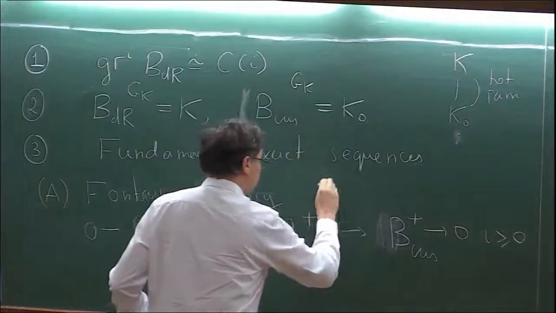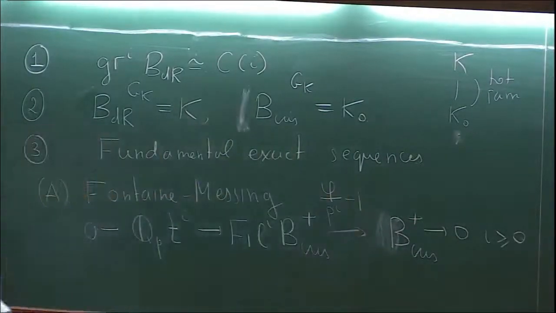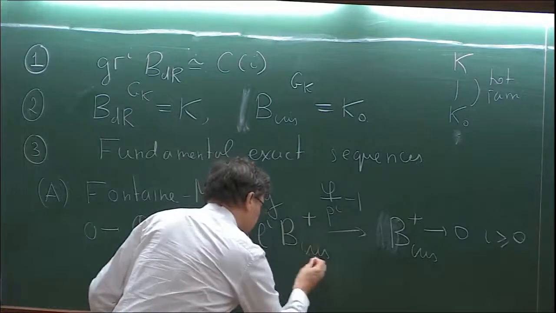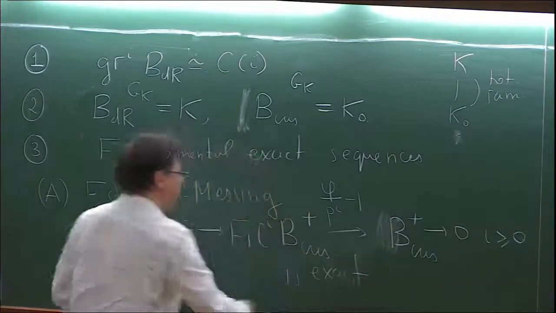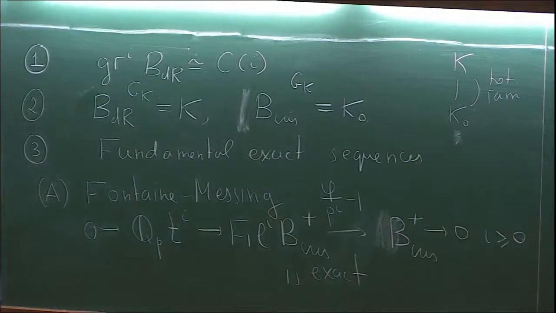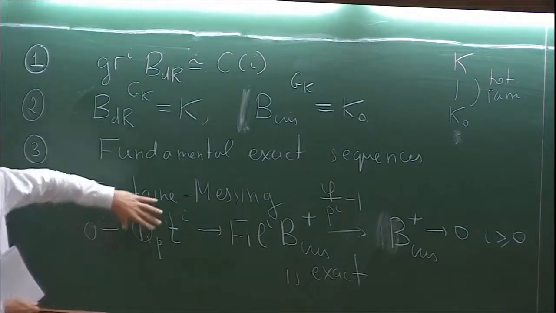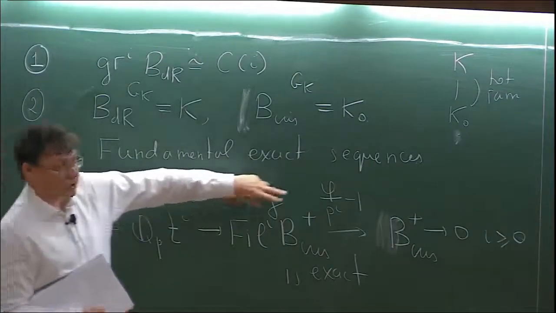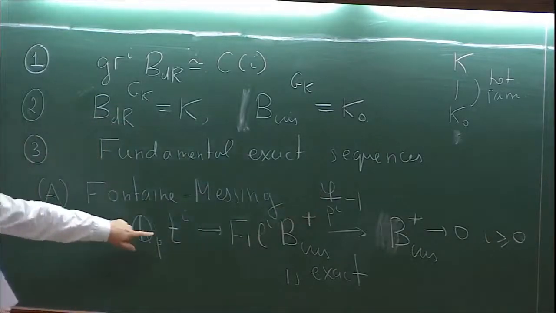And the map is given by the following operator. So the point is that this sequence is exact. Here, maybe the only immediate thing is that this term lives in the kernel of this map just because we know the action of phi on t.